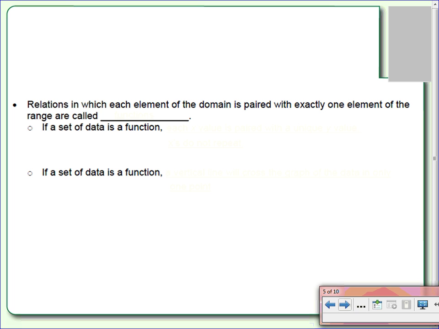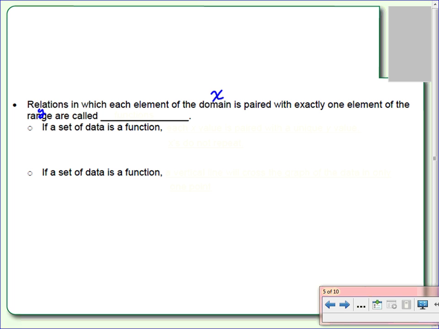Okay. So we're looking at a set of ordered pairs where the domain, what did we say domain was again? X. So I'm going to put a little X so I don't forget domain is X. Is paired with exactly one element of the range. What did we say range was?